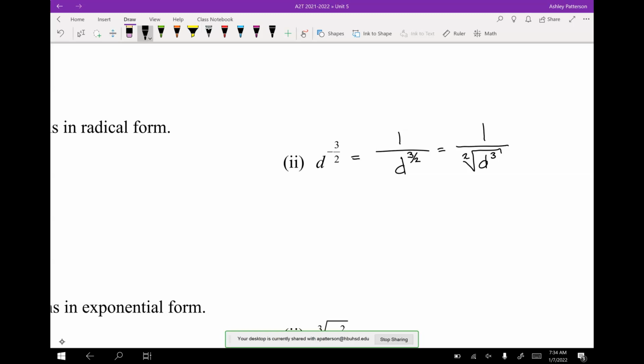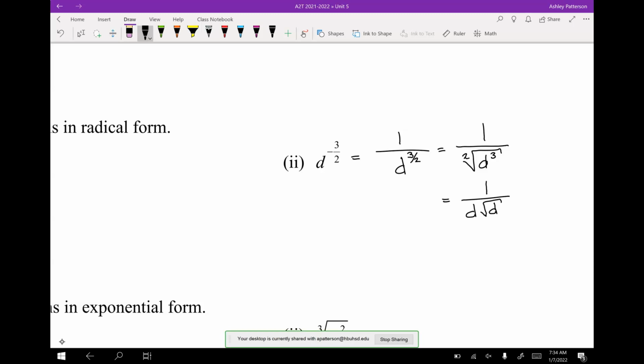Just 1, all right. So then this is going to leave us with 1 over d times the square root of d. Do I need absolute value bars? Anne didn't even hesitate. Why not? Excellent. Yes, because our d, that's the radicand, has an odd exponent. So we don't need to worry about absolute value bars.